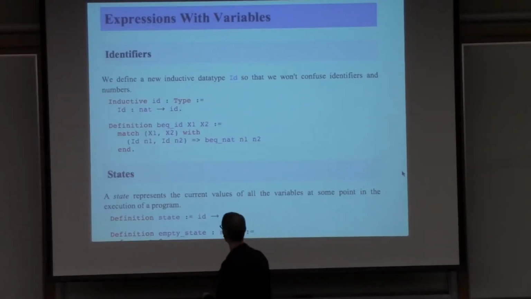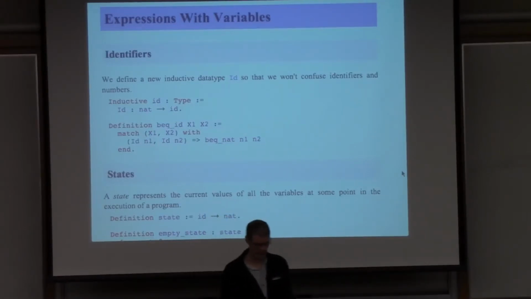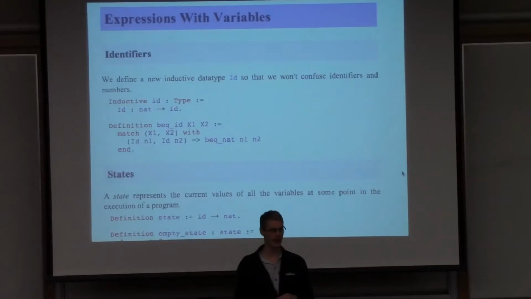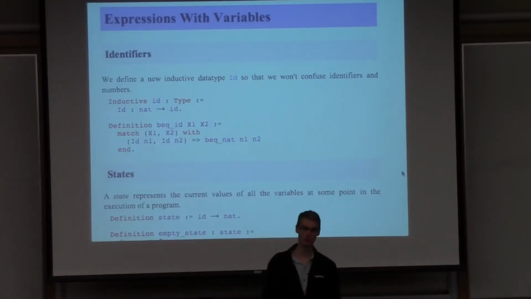I'd like them to show up as ID. So let's create a fresh type wrapping up a NAT as an ID. And then all the things that I used to do with NATs, like test them for equality, I need to define new versions of, so there's a little bit of overhead. But once that overhead is finished, I can just use them as their own thing.